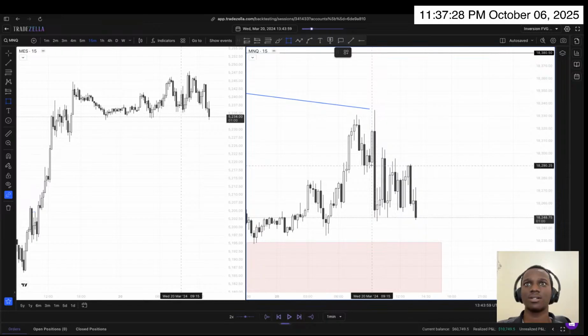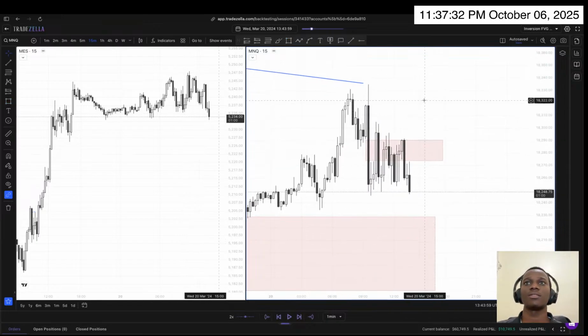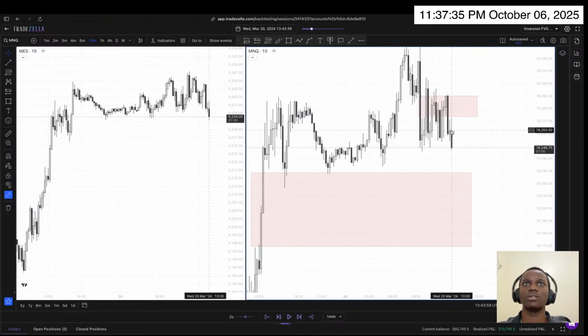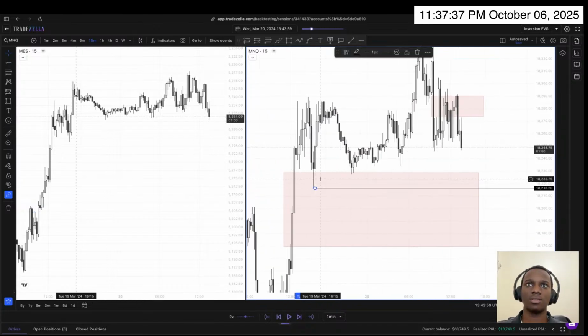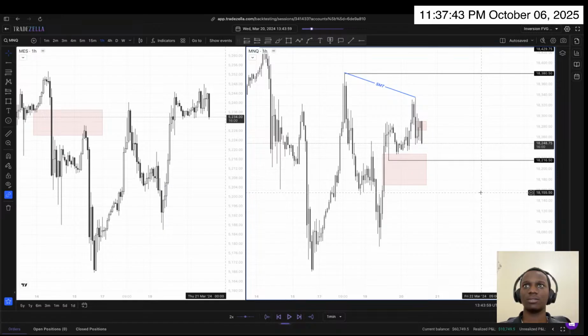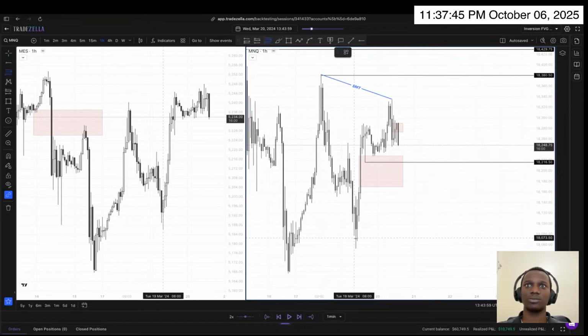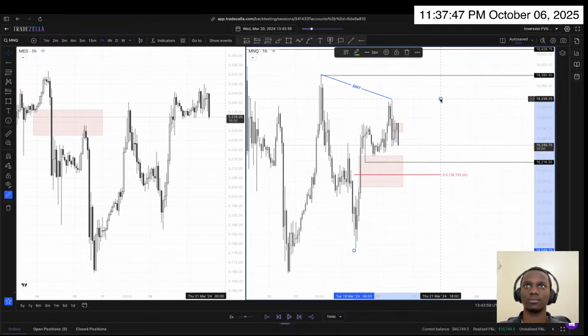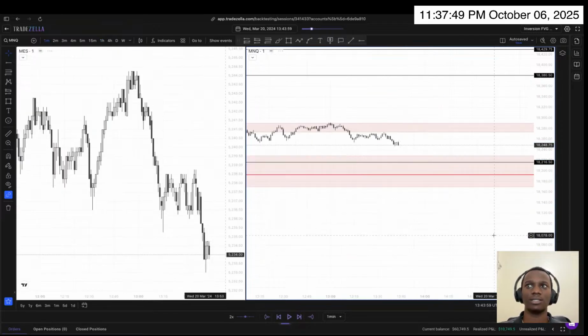This gap is still kind of holding, but there's no strong manipulation. There is, but I think we could be about to head lower with this liquidity here and going up in the 1 hour. Well, it could also potentially reach into discount, below that red line there.